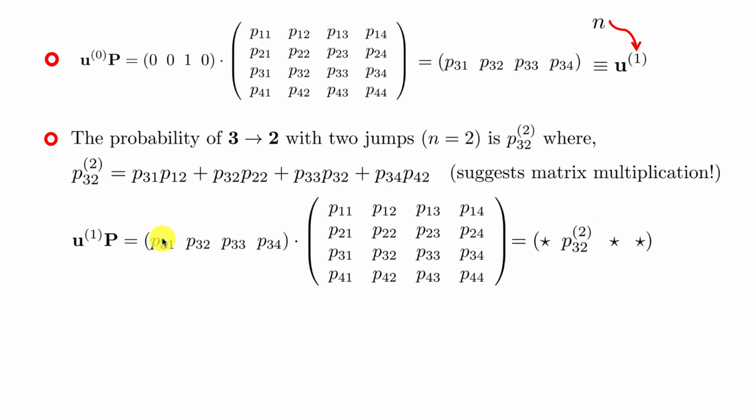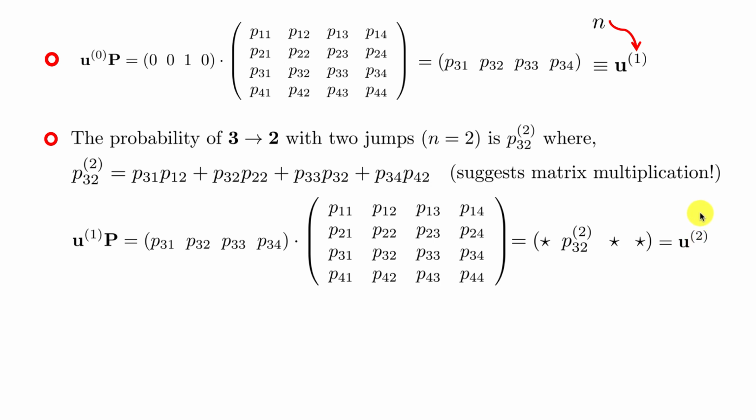We multiplied P31 over here with P12, P32 with this with this, and this with this. That's how we got this entry over here, plus of course this entry and this entry and this entry, but I'm just looking at this entry, which is the probability of going from 3 to 2 after 2 jumps. And of course, this is what we call the row vector U2, this being small n equal to 2 jumps.